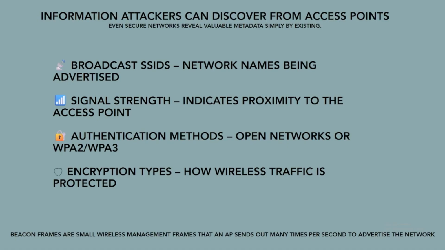So when you click your Wi-Fi button on your device and you see the names of the Wi-Fi networks, that's essentially the SSID. The signal strength is how close you are to the access point. Authentication methods are such as open networks or WPA2, WPA3. Encryption types are how the traffic is being protected.